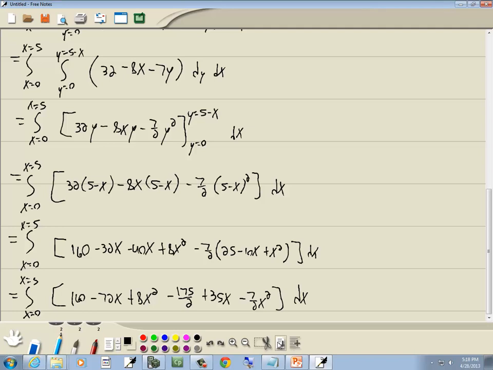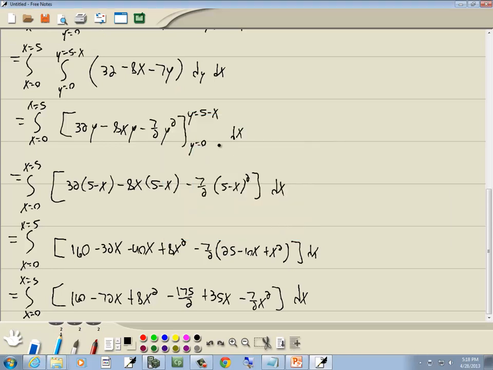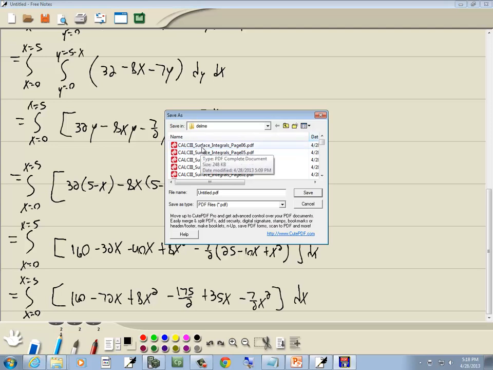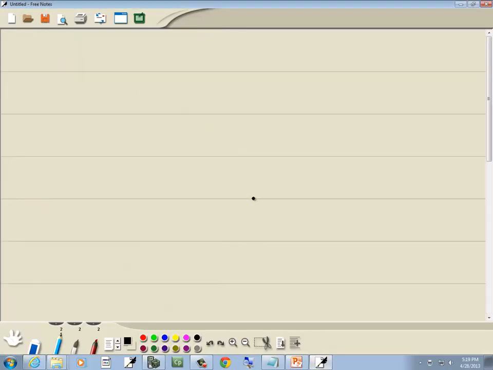Okay, so let me save that page. This will be number 7 continued, I guess.